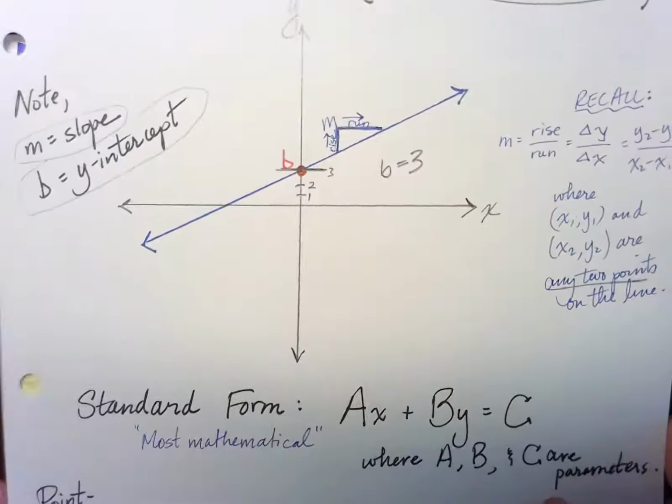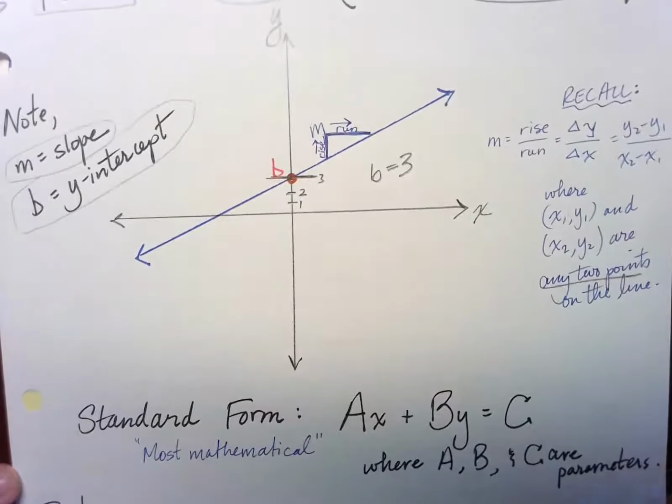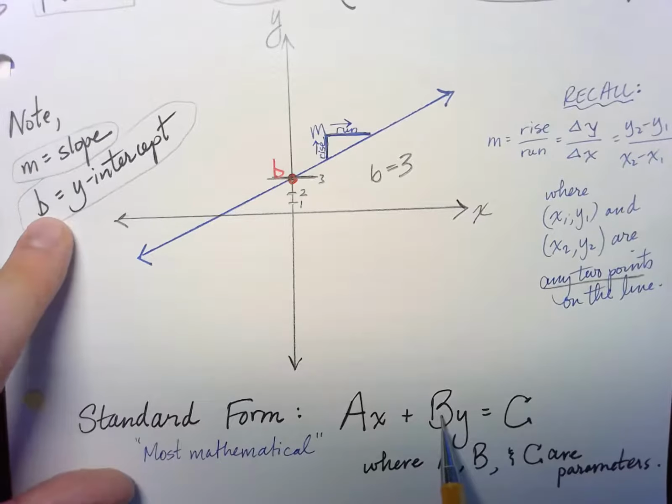Alright, so we're going to learn forms of lines. There are actually 3 of them. The first one is standard form, which I'm calling the most mathematical. It's Ax plus By equals C, and notice these are capital A, B, and C. Don't confuse the capital B with the lowercase b.